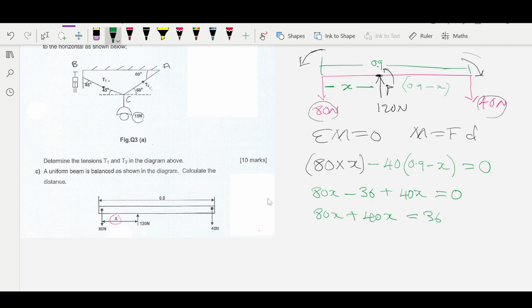Then 80 plus 40, we have 120. So 120x equals 36. And then solving for x, we divide everything by 120. So our x will equal 36 divided by 120.